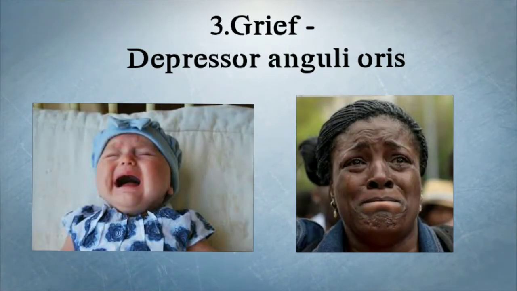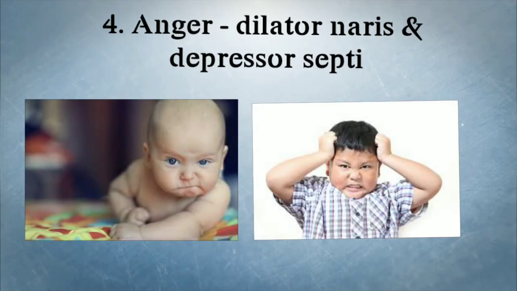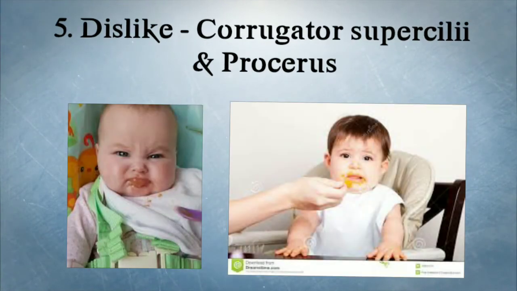Now the third expression is grief, and the muscle responsible for it is depressor anguli oris. The fourth expression is anger, and the muscle responsible for it is dilator naris and depressor septi. The fifth expression is dislike, and the muscle responsible for it is corrugator supercilii and procerus.